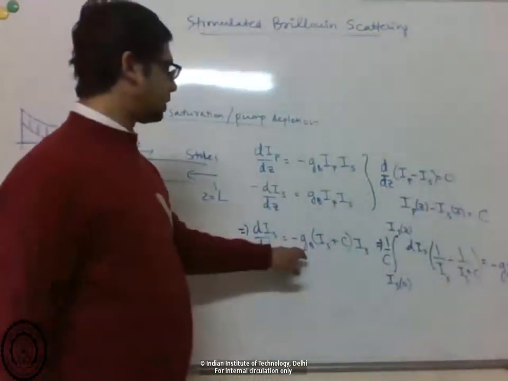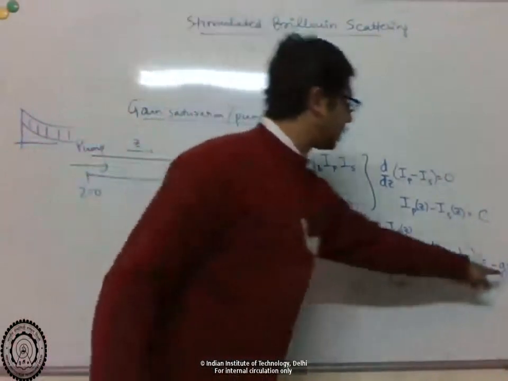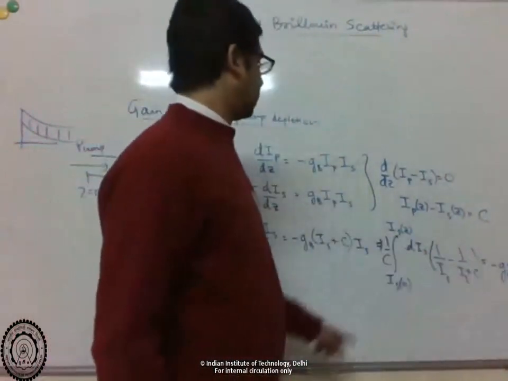We take the Z on the other side and integrate from 0 to Z, so you just get GB times Z there.